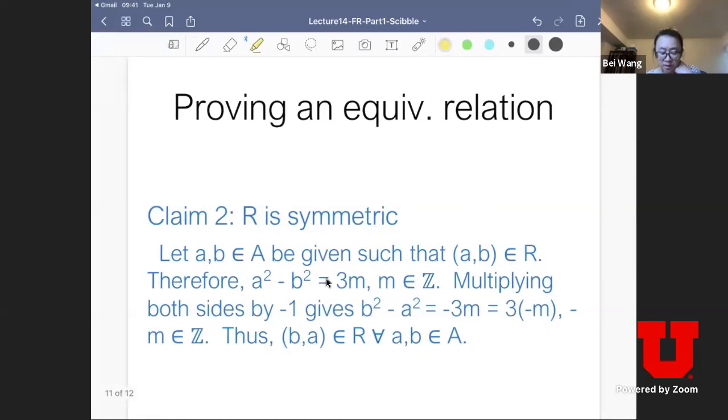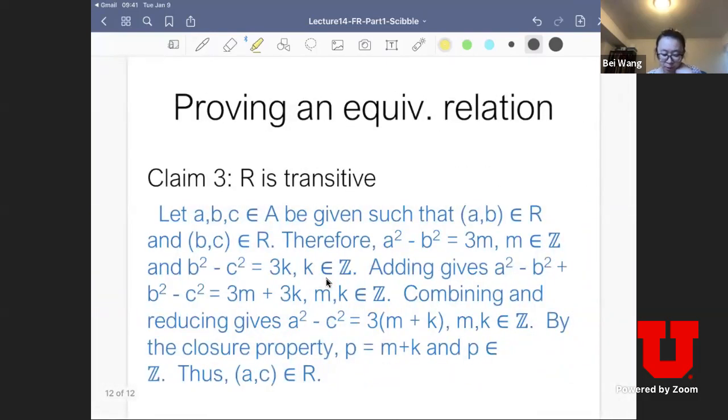If you want to show something is symmetric, you start with A, B that is in R for any A, B, and you want to show that B, A is in R. To show it to be transitive, you want to show that whenever A, B is in R and B, C is in R, then A, C is in R.